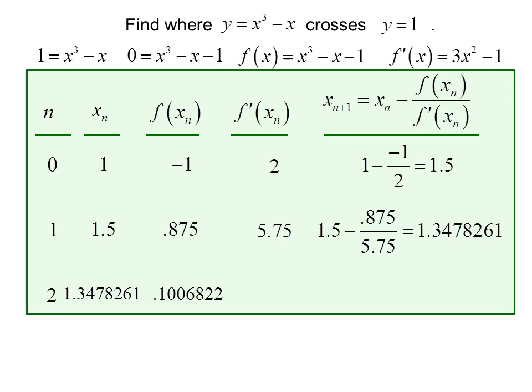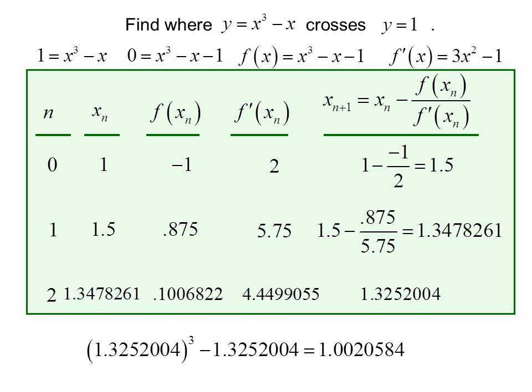I can plug that value into my original equation and my first derivative equation. And then I use the Newton's method equation to get a new guess for x. If I try that back into my original equation, I see that my answer comes very close to 1.